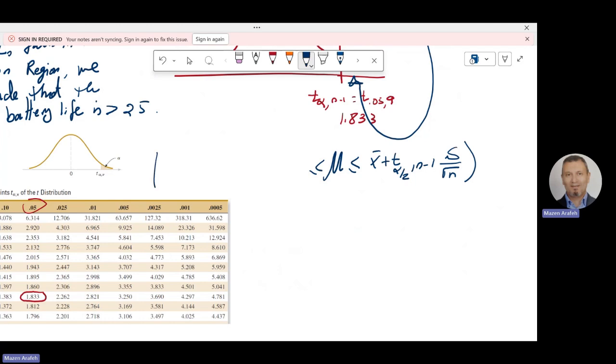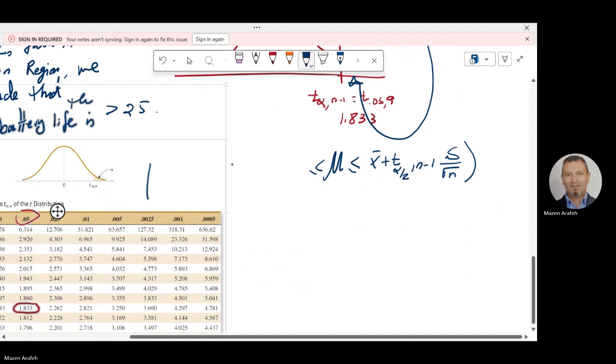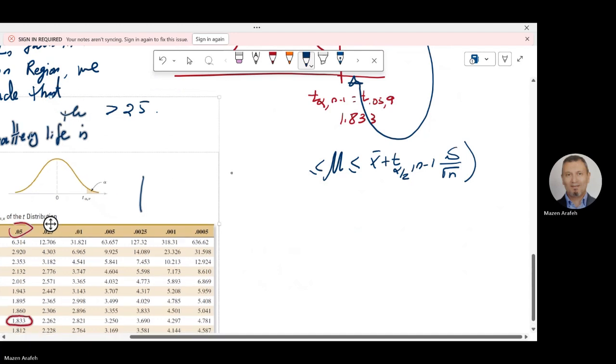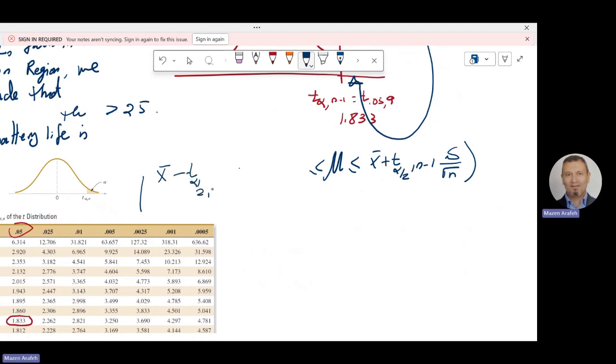And from the other side, we have x bar minus t alpha over 2 with the degrees of freedom multiplied by s over square root of n.